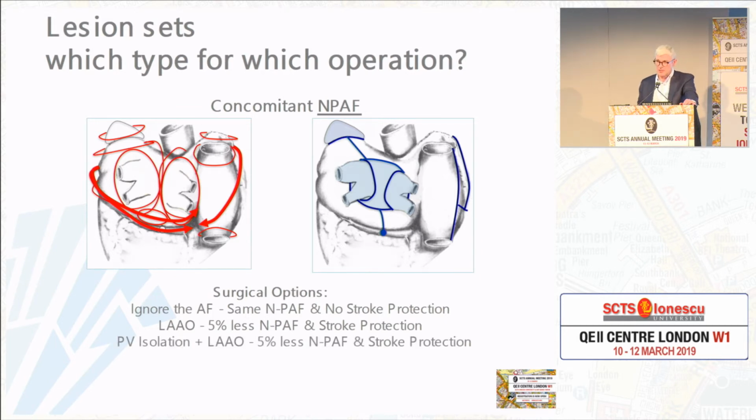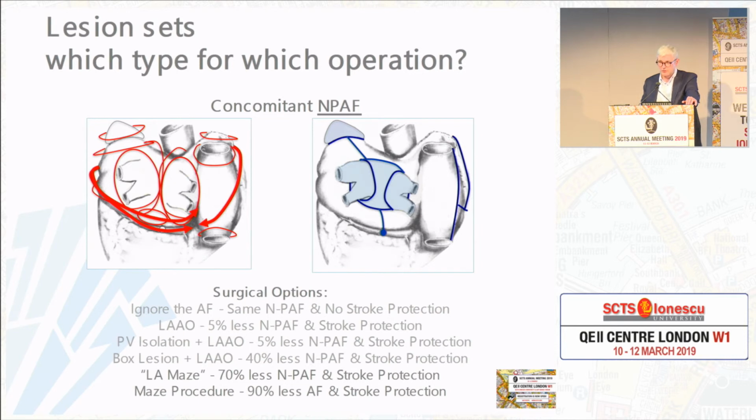If we do PV isolation plus left atrial appendage occlusion, also here our success will be low, only 5%, because these sustained drivers in persistent cases are much larger, and we do not exclude them by only isolating the pulmonary veins. We at least need to create a full box, and then we will achieve a success rate of around 40%. If we make a full so-called left atrium maze, our success will be around 70%, and the full Cox-Maze also here, as in the paroxysmal cases, will achieve a success rate around 90%.